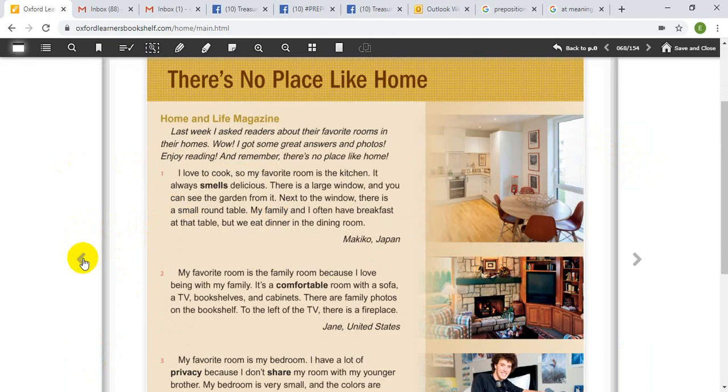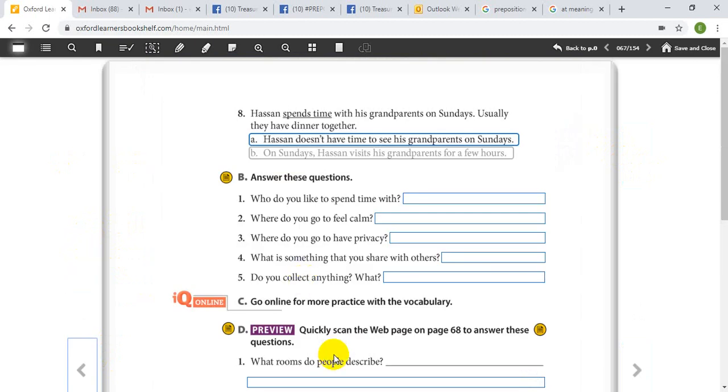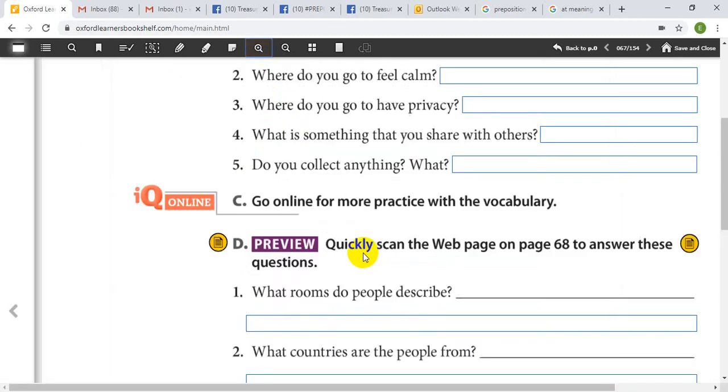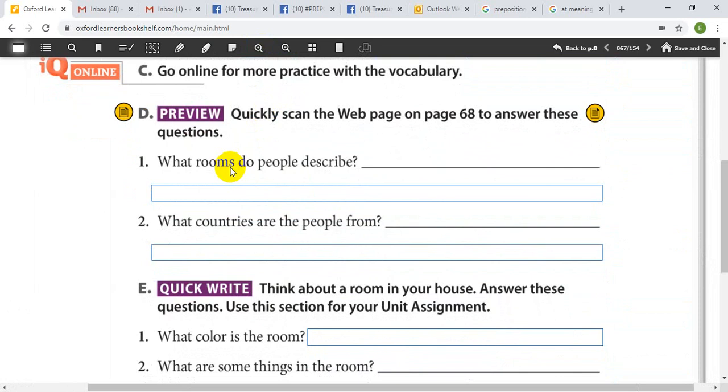So you are going to read about their favorite room, but before that, activity D, you're going to scan the web page. Okay, your scanning is you're going to quickly look for the actual information which is required. Like activity D says, what rooms do people describe?